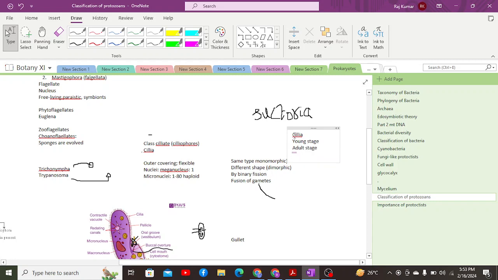At the young stage they are motile because they have cilia, and at the adult stage they are sedentary because they lose their cilia.